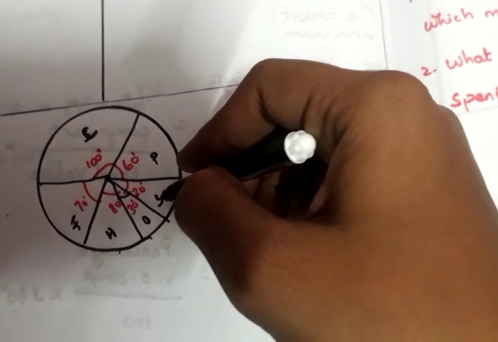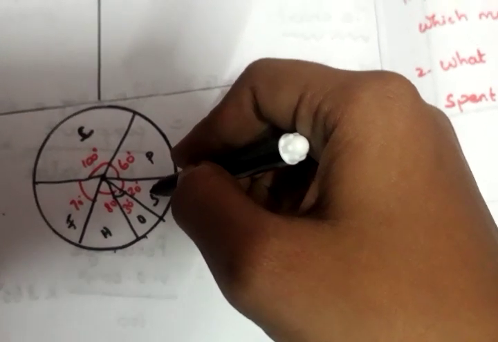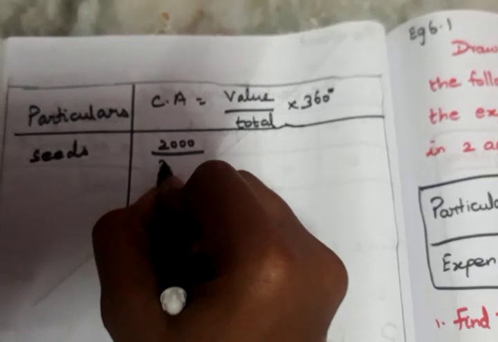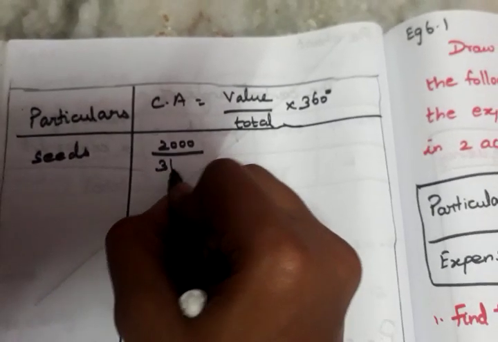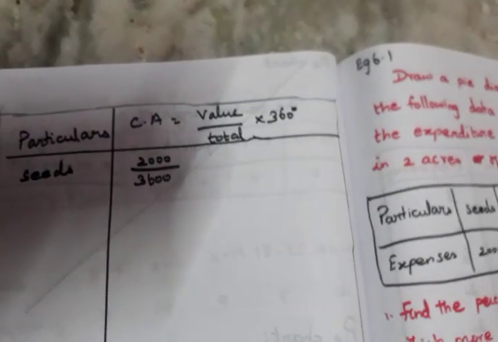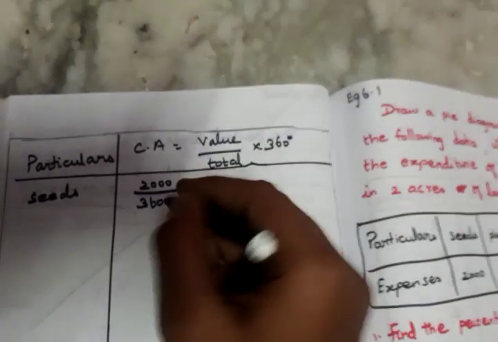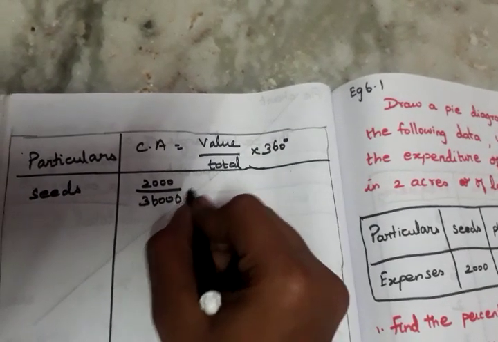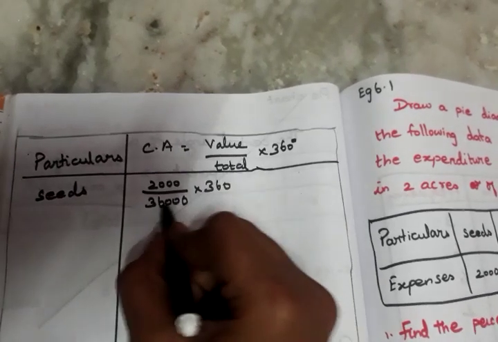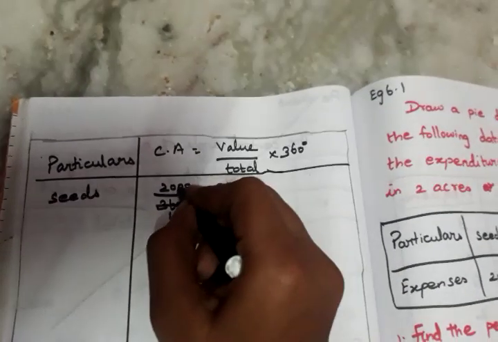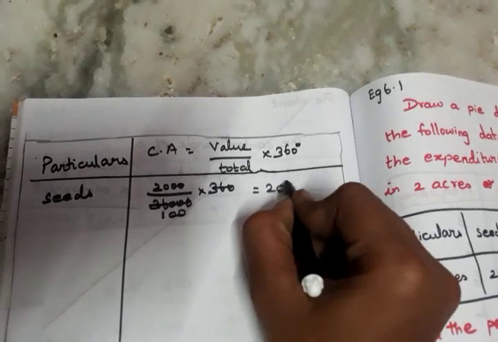Seeds expense is 2000 by 36,000. We added all the values, 2000, 6000, 10,000, 7,000, 8,000 plus 3,000, and the total is 36,000, into 360 degrees. Cancel the zeros, so 20 degrees.